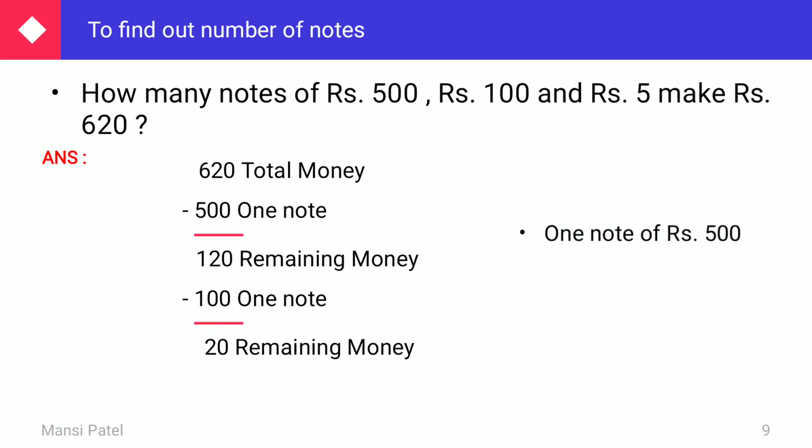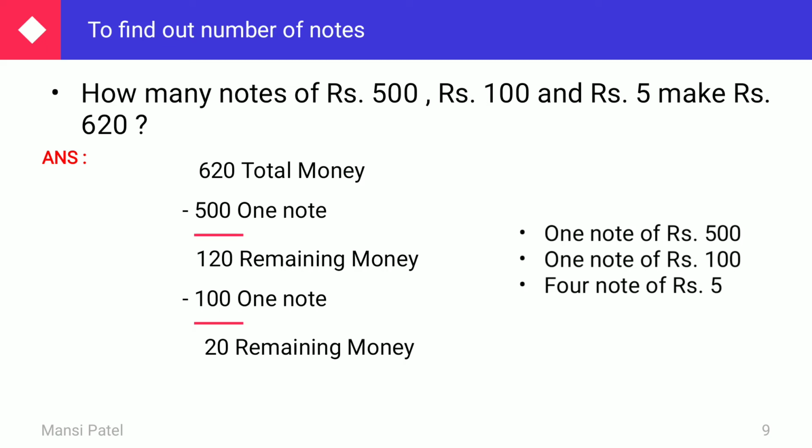First we are using one note of rupees 500. Then we are using one note of rupees 100. Now how many notes are required to make rupees 20? In the table of 5, where we get 20, 5 fours are 20. So these 4 notes make rupees 20.